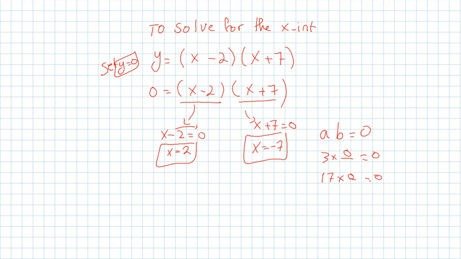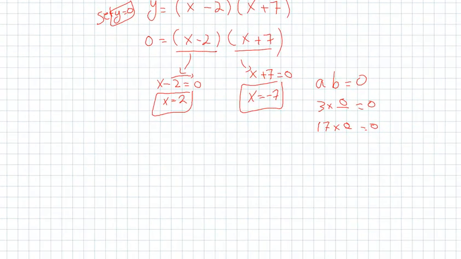So if you're going to graph your x-intercepts here, these are your two zeros. Okay?